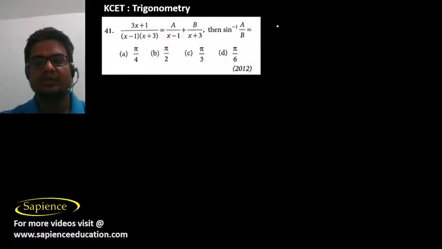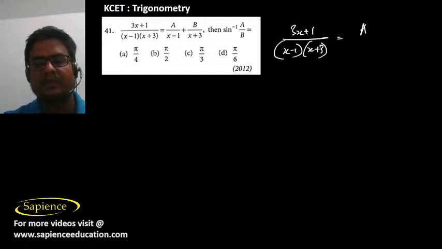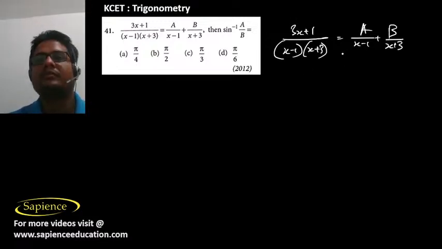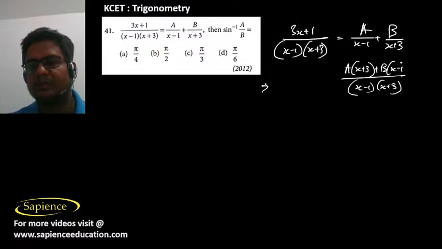But then question number 41. Here, 3x plus 1 by x minus 1 into x plus 3 is equal to a by x minus 1 plus b by x plus 3. So if we take the LCM, 3x plus 1 will be equal to a into x plus 3 plus b into x minus 1.